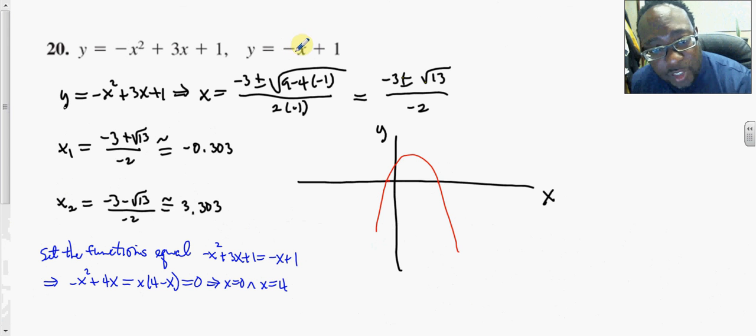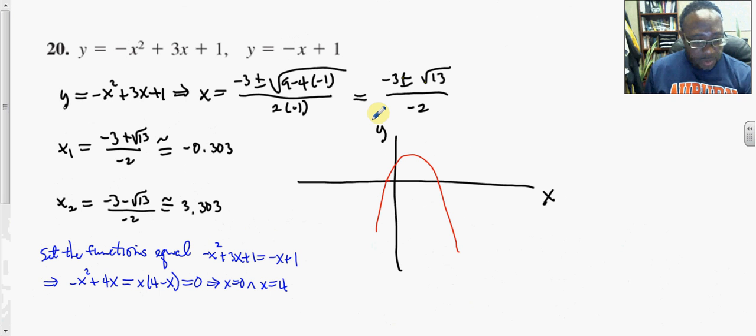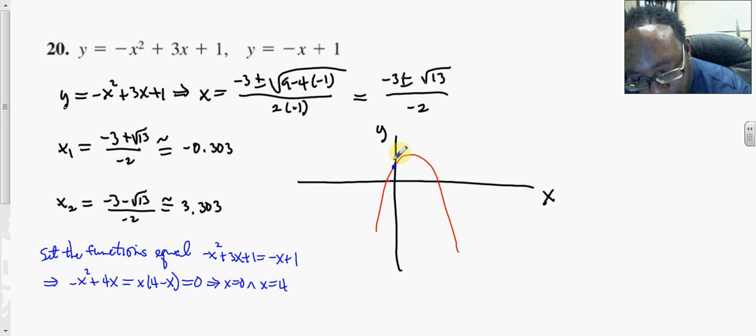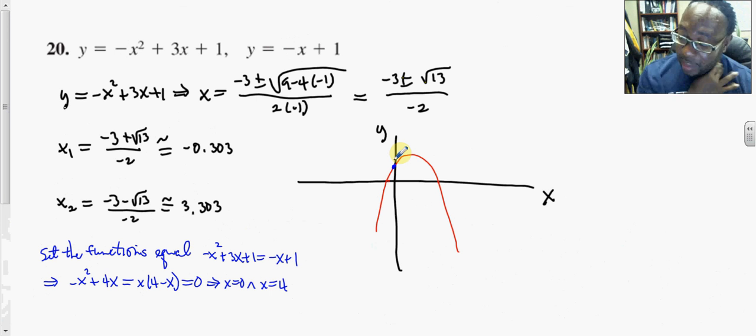Okay, so let's see. This y equal to negative x plus 1 lets us know that this graph is going down. Okay, and so let's see where we could find that. If x is 0, y is 1, and it's going to be at that point there.